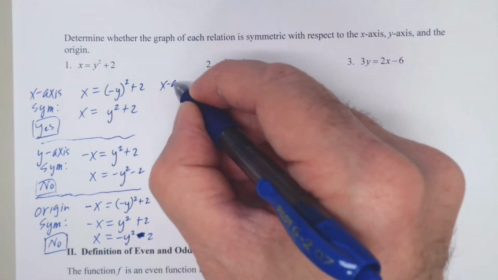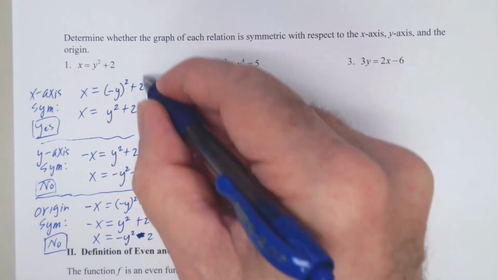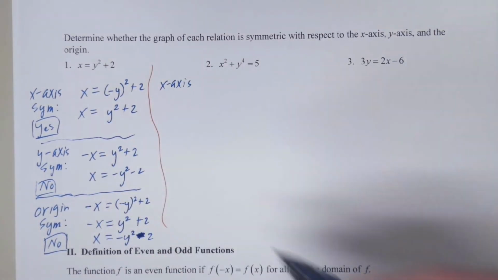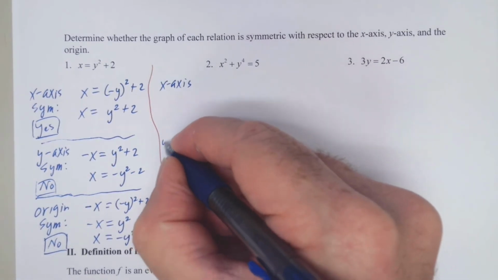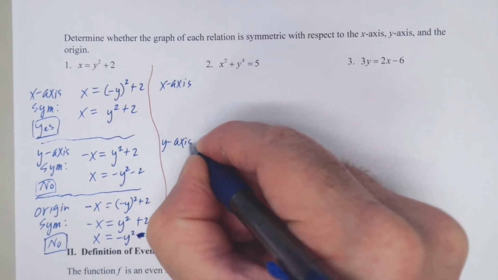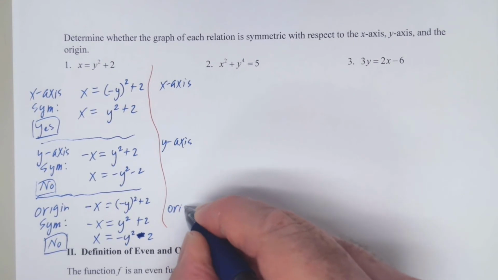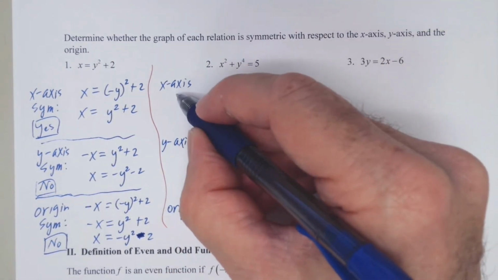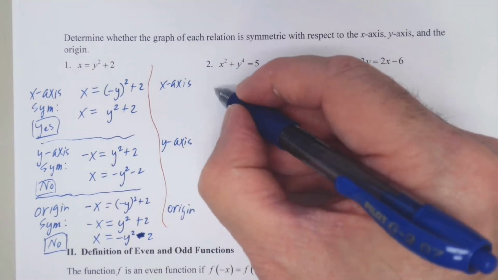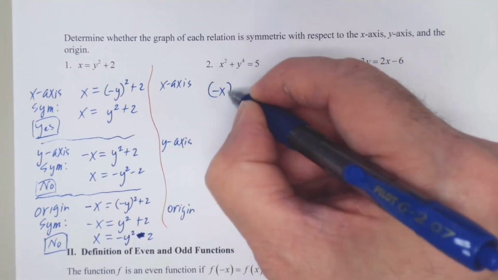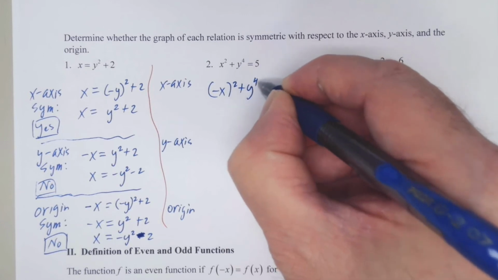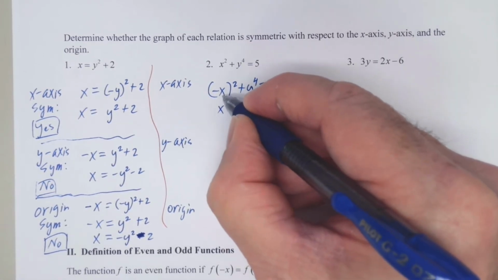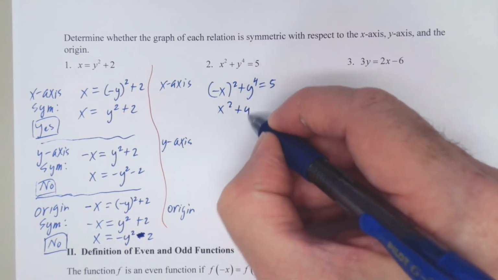Alright, so we'll do the same thing here. We'll check for x-axis symmetry, y-axis symmetry, and origin. So with x-axis symmetry, to test for that, we replace x with minus x. Notice this minus x squared becomes x squared.